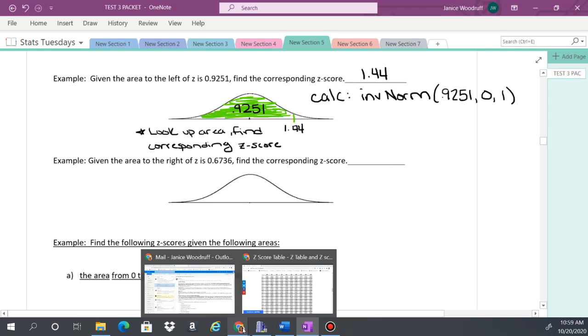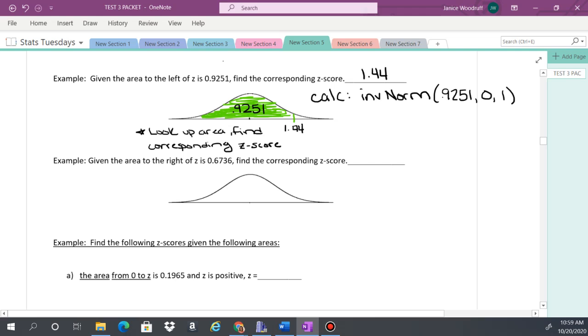All right, so let's look at another example here. Given the area to the right of z is 0.6736, find the corresponding z-score. So now they're giving you an area to the right. If I draw this out, that's greater than 50%, so to the right, here's 50%, and it's a little more than that.